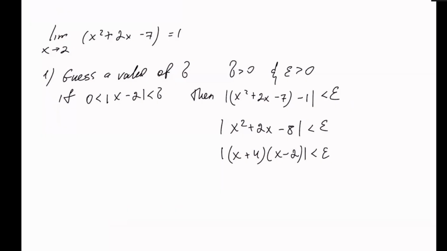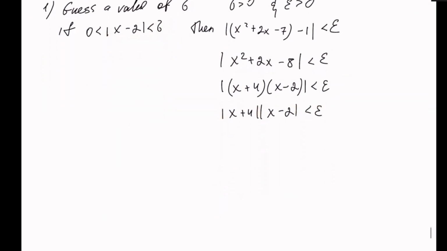We can separate them into two absolute values. Now, in the if statement, we have x minus 2, so this x minus 2 can be bounded by the relation between delta and epsilon. But this x plus 4 needs to be controlled, right? So we need to find the upper bound for this expression to use in the proof.